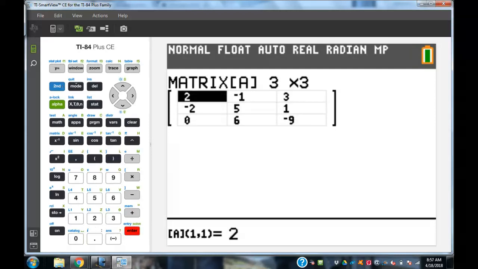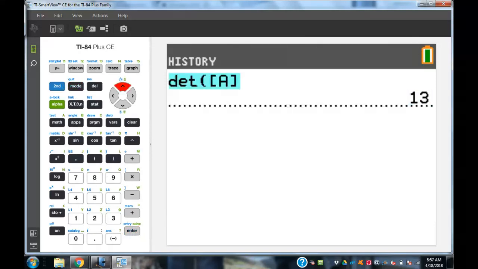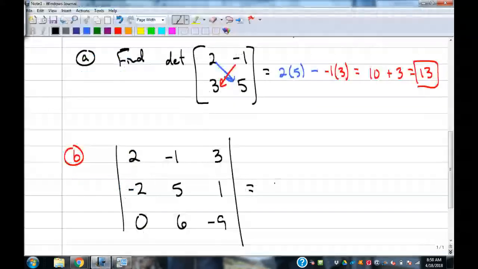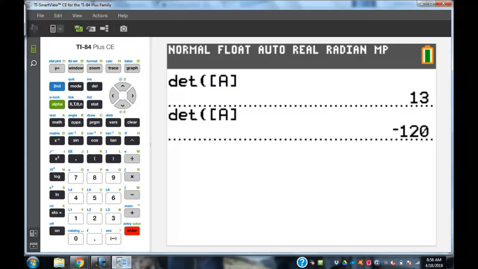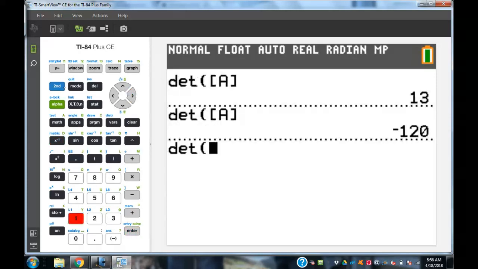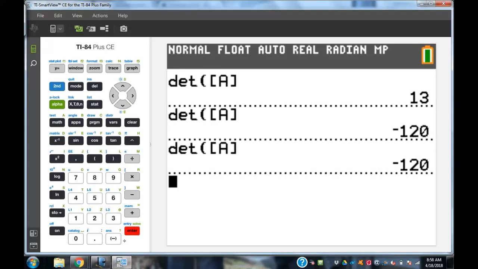And so second quit. And then since I put it in in A, I could just do like I did yesterday and go up and grab that command and then crank out the -120. If you forget that you can do that, you just hit second matrix, math, operation 1, matrix A. -120 is what we're getting there.